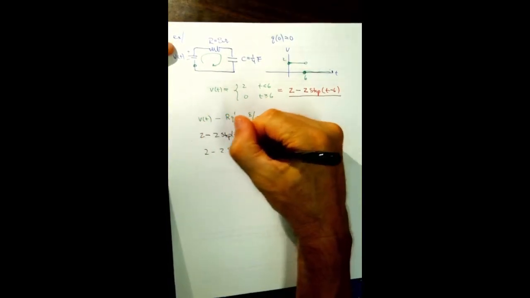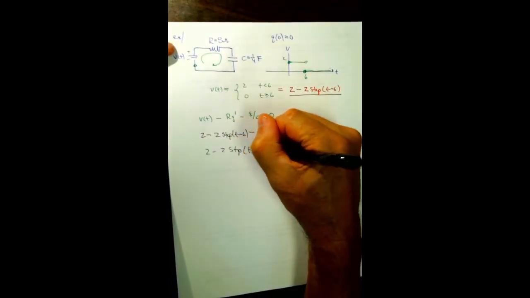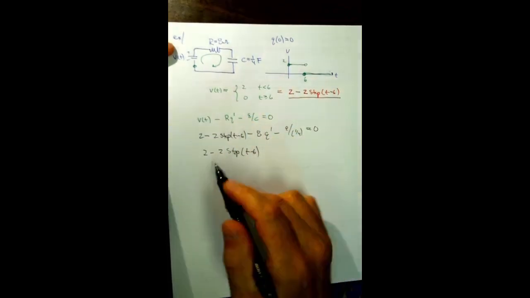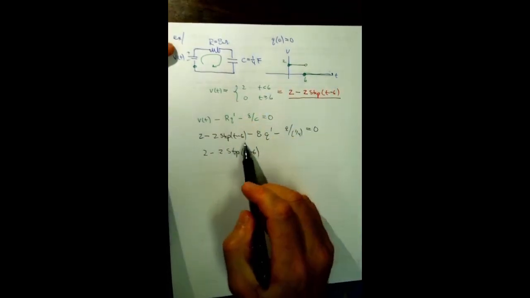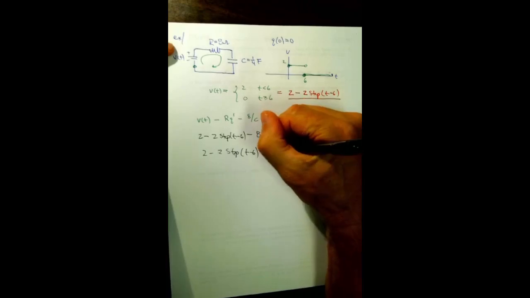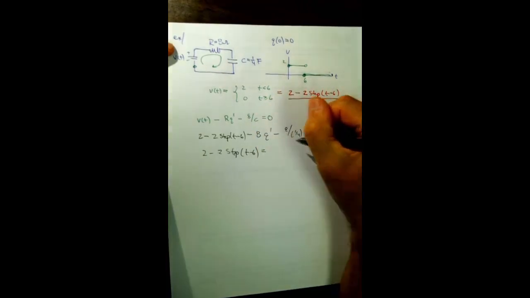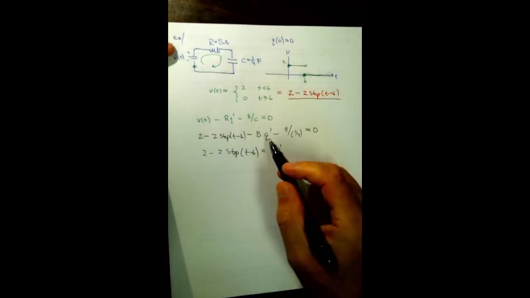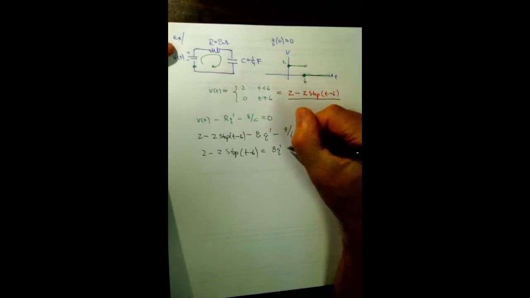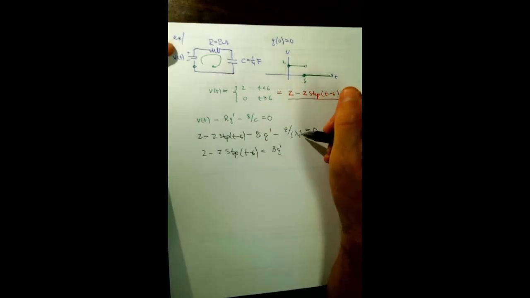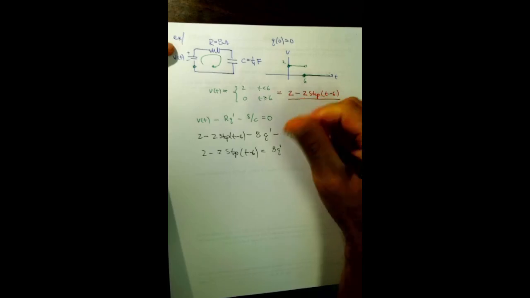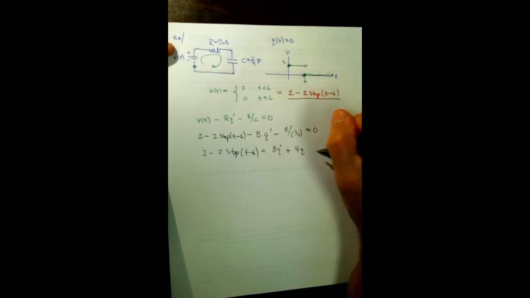So let's clean that up a bit. I'm going to leave the 2 minus 2 times the step function at t minus 6 alone. I'm going to add 8 times q prime to the left, and to both sides I'm going to add q over 1/4, but that's the same as plus 4q.